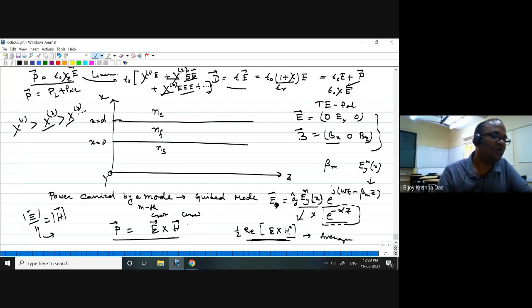So your power varies at twice the frequency of the original electromagnetic wave. For a light wave, the frequency is about 200 terahertz, that means 200 times 10 to the 12, right?